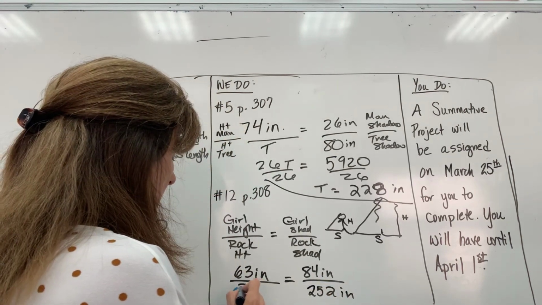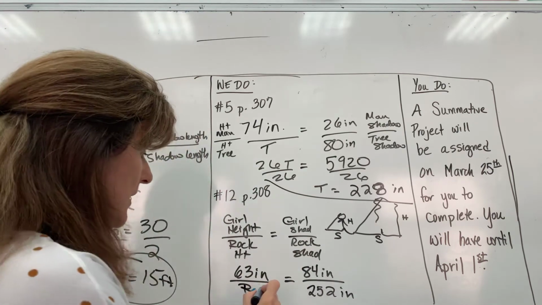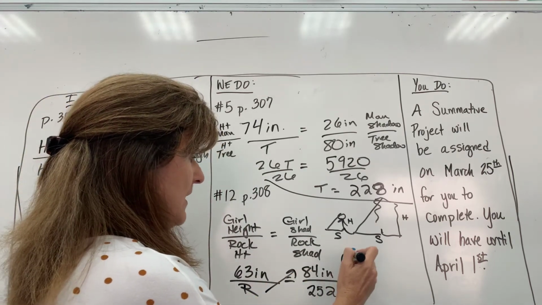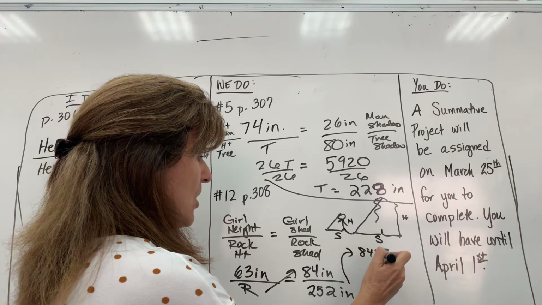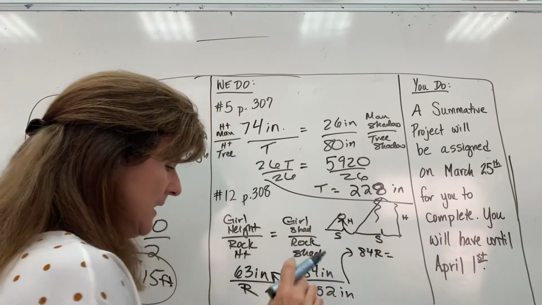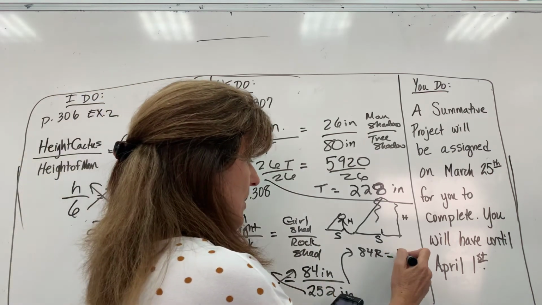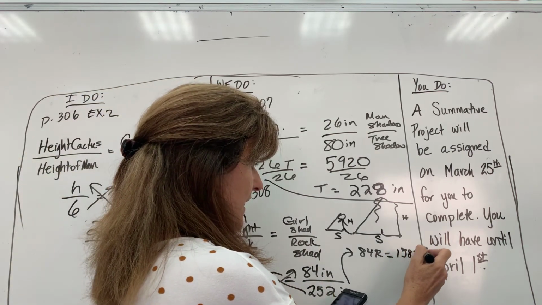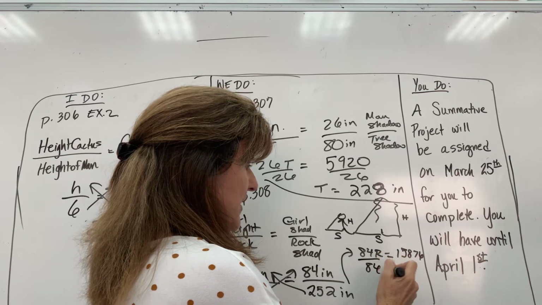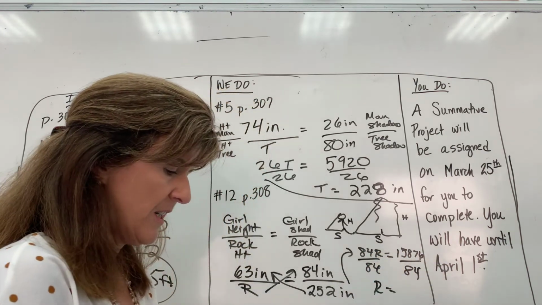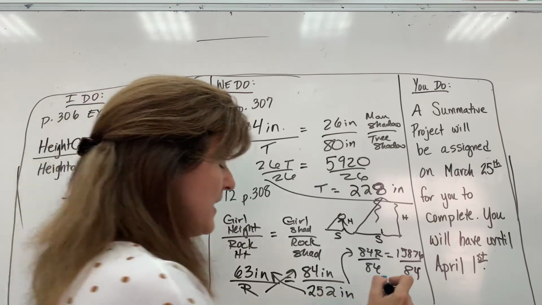So, to figure out the rock height, cross multiply. 84 times r equals 63 times 252, which is 15876. Divide both sides by 84, and it equals 189.